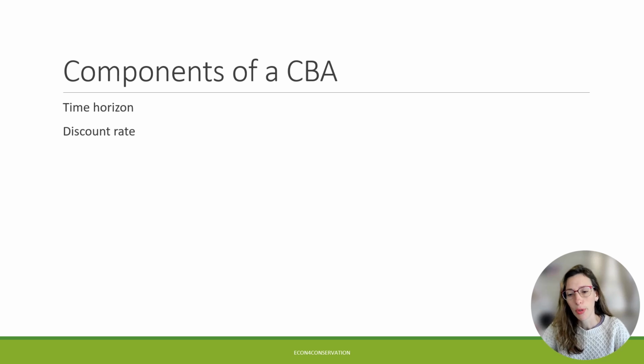So other two important components of a CBA are time horizon and discount rate. Time horizon refers to the period over which we analyze the costs and benefits, and the discount rate helps us calculate the present value of future costs and benefits, accounting for the fact that money today is worth more than money in the future.